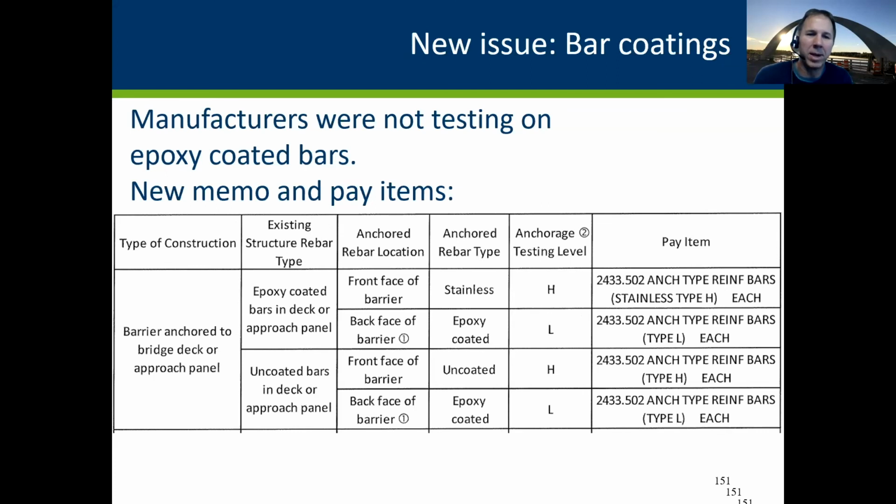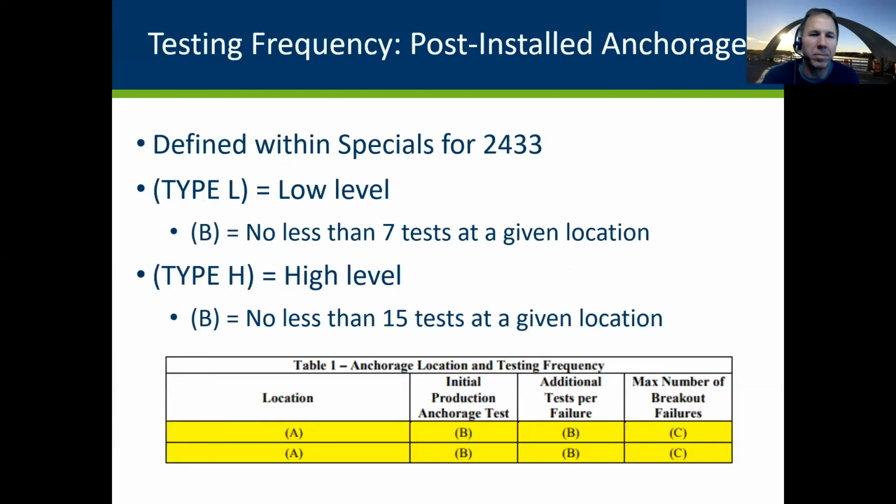You may have a bridge that's a redeck or an overlay where it's a shorter term fix, and we may even use uncoated bars because we don't expect the life of that bridge to be greater than 30 to 40 years. So we can live with uncoated bar.